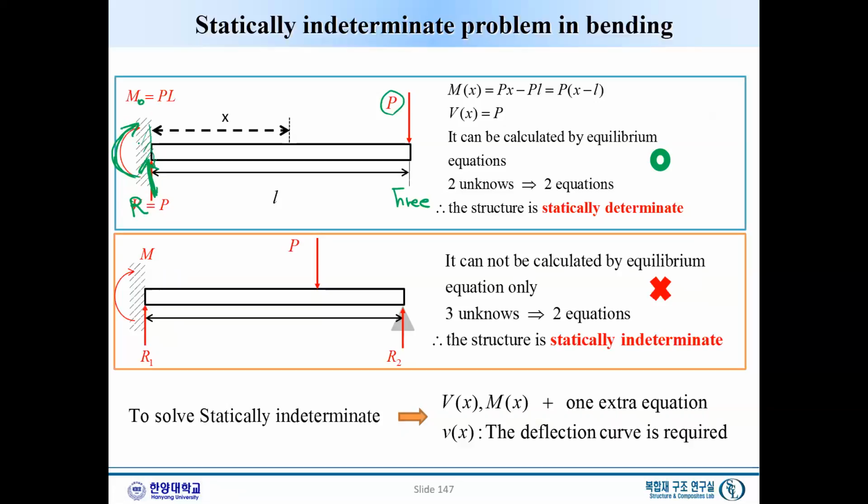These are the reaction forces which were unknown, but simply if we use the moment equilibrium with respect to this point, the total moment applied to this beam will be plus M0, and this P times L will cause a minus P times L. So this will simply be 0.